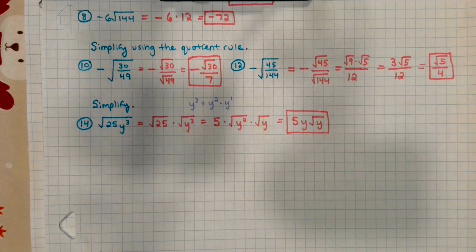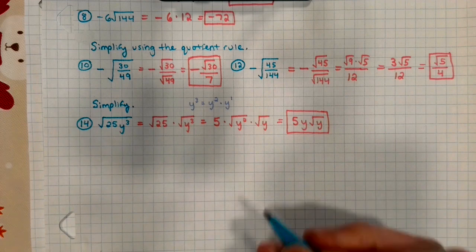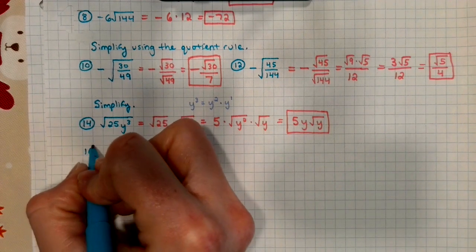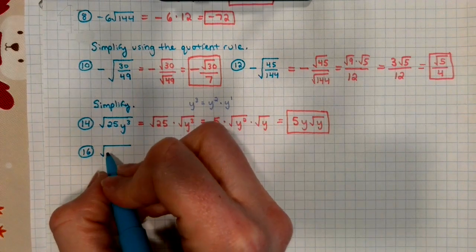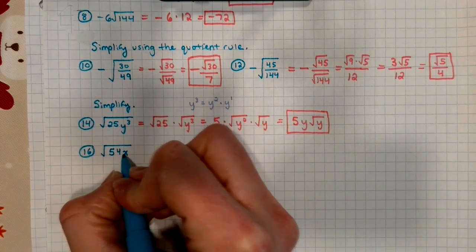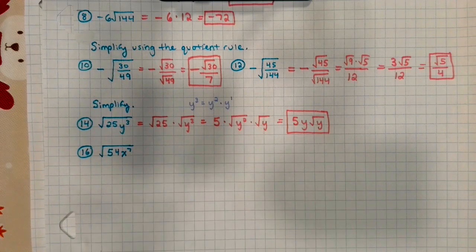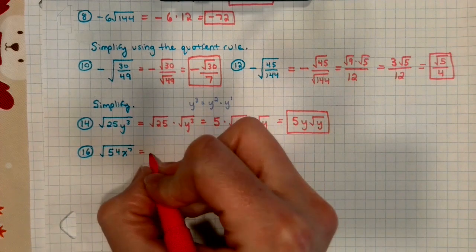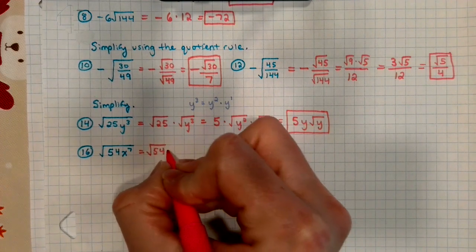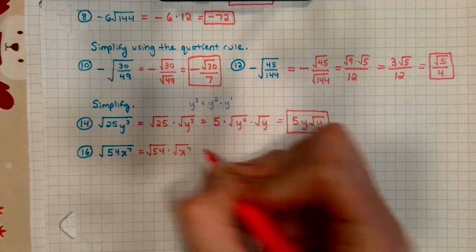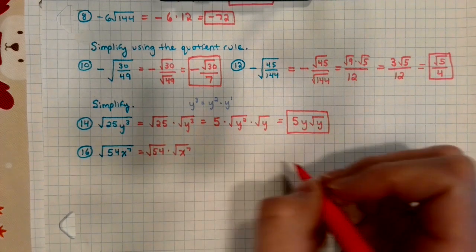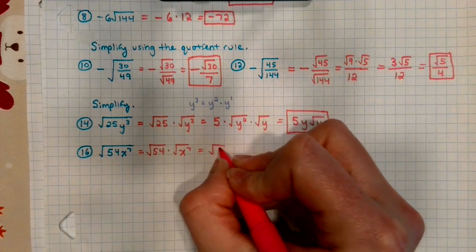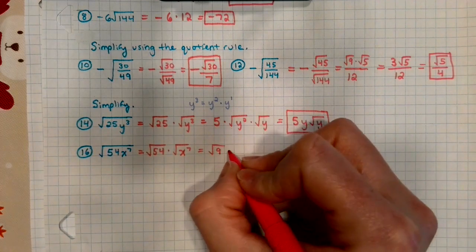For the next question, number 16, we have the square root of this expression 54x to the 7th. So 54, we'll write this as square root of 54 times the square root of x to the 7th, which, again, that square root of 54, we can write as the square root of 9 times the square root of 6.